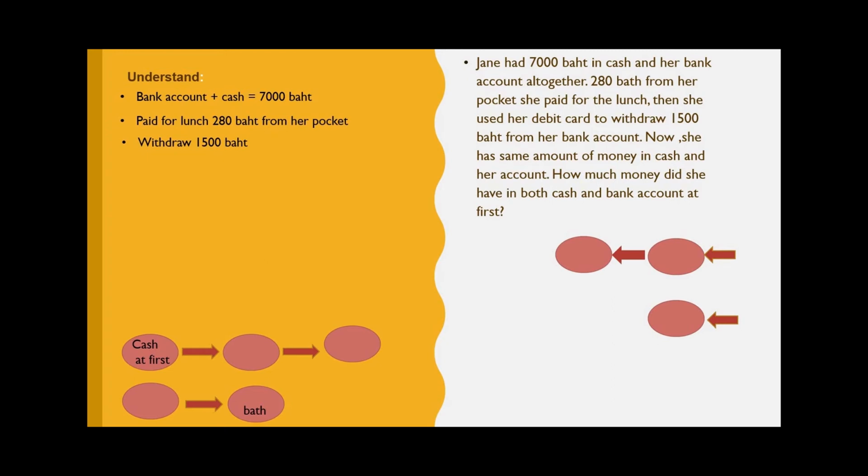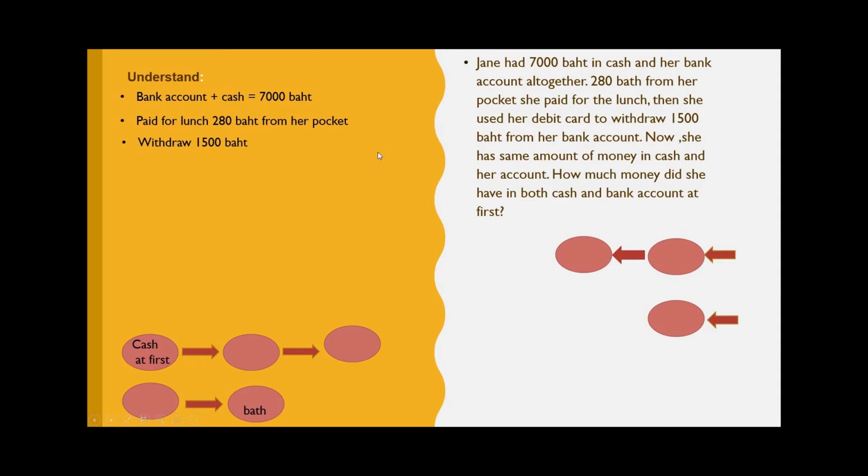Now she has the same amount of money in cash and her account. After she spent 280 baht, from her total money that she has in a bank account plus cash in her pocket, she withdrew 1,500 baht from her bank account and put it back in her pocket.